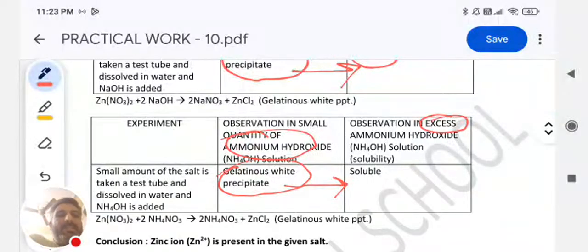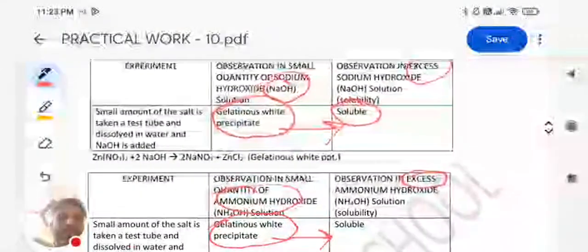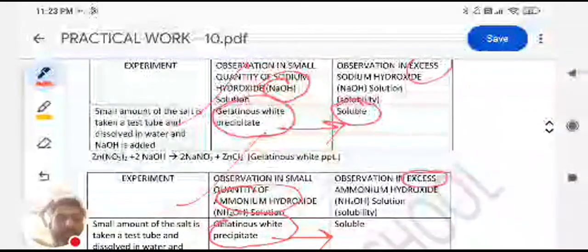That means zinc salt forms a gelatinous white precipitate both with sodium hydroxide and ammonium hydroxide, and in both cases, in excess reagent, that precipitate is soluble. So that is a test for zinc ion.